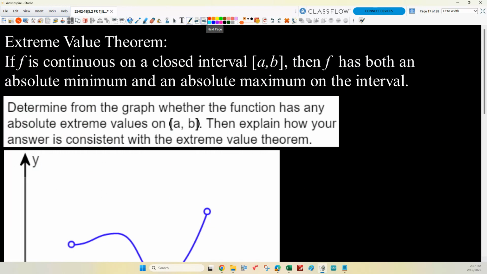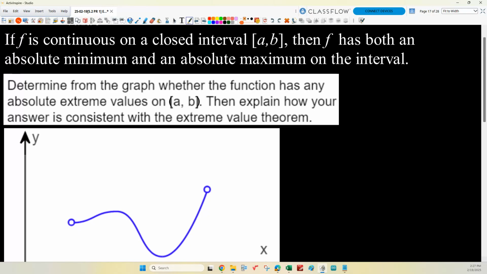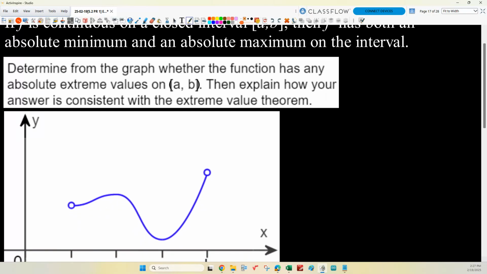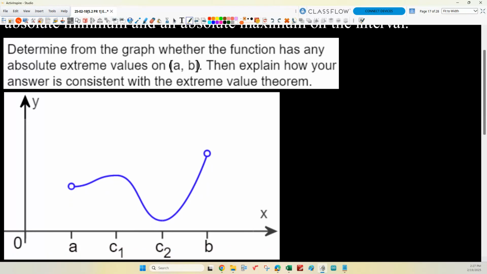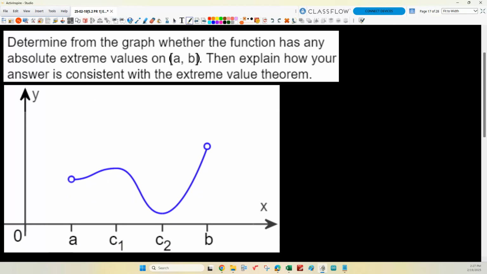Does this function have absolute extreme values on the open interval from A to B?